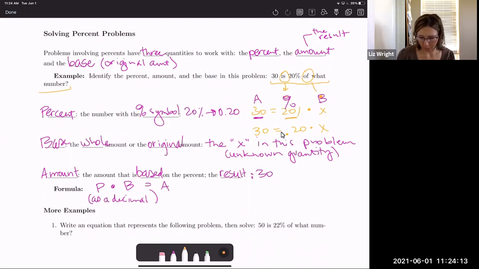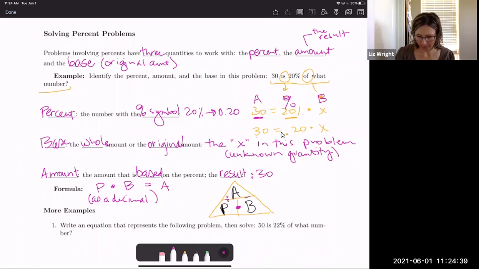Another really helpful thing is that you can always write this up in a little triangle, and the P and the B go on the bottom. So we have P and B and A, and if we're going across, it's multiplication. If we're going up and down, it is going to be division.